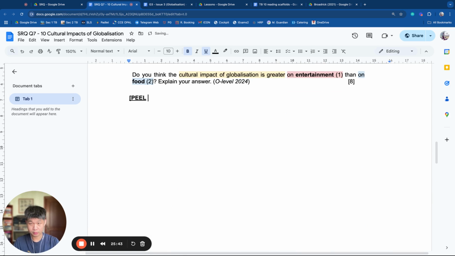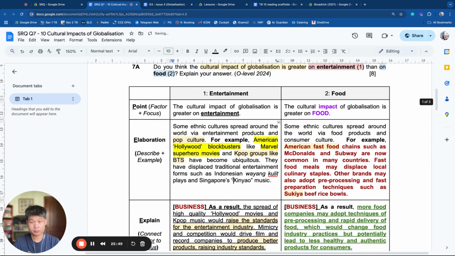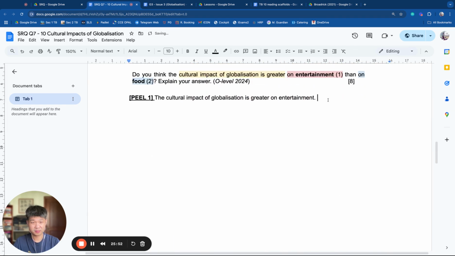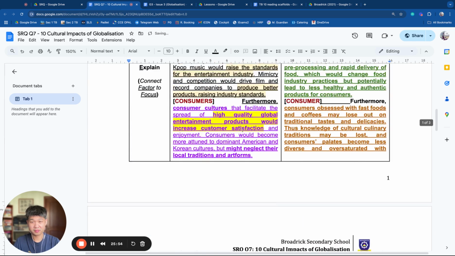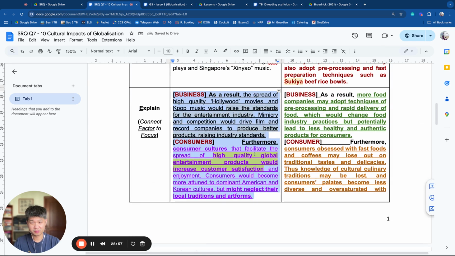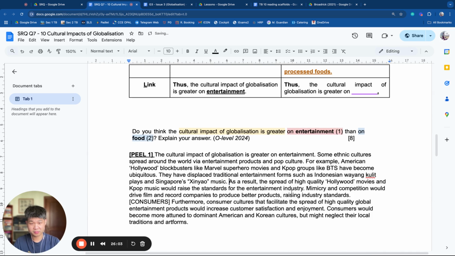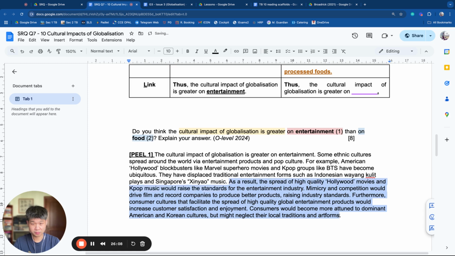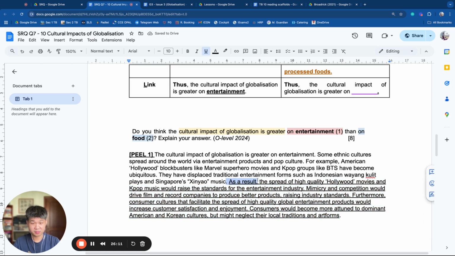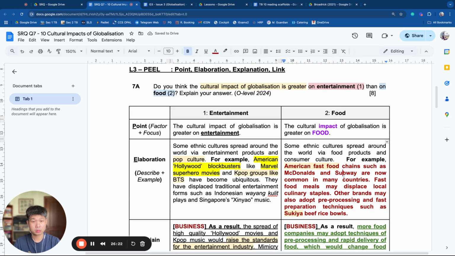So P1 and P2. P1 is entertainment. Let me just keep the color coding so you can do the matching. And P2.